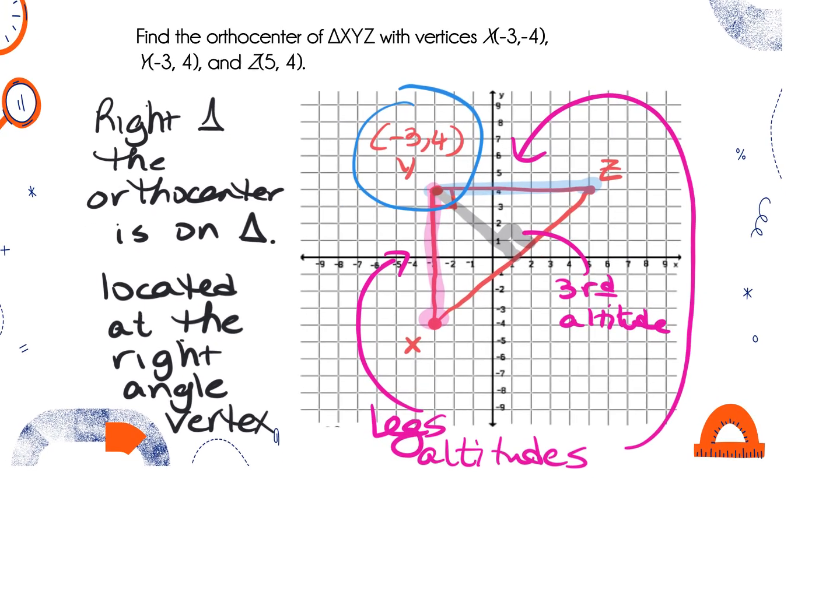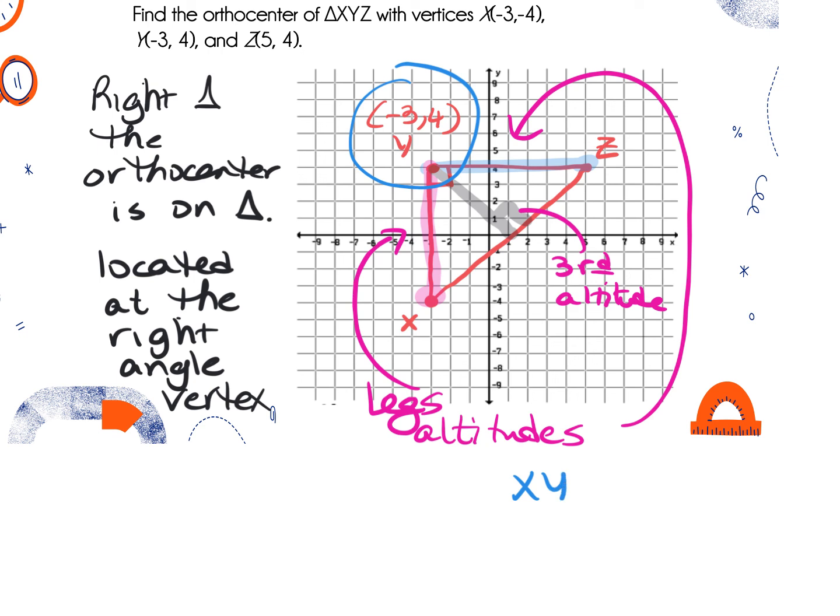So in this picture, XY and YZ, these are the legs, and they're also altitudes. The third altitude, you would have to draw the perpendicular segment down yourself. But as soon as you find the point of concurrency of two of them, the third one is automatically going to meet there as well. So again, remember, when it's a right triangle, the orthocenter is always on the right triangle, and it's located at that right angle vertex.